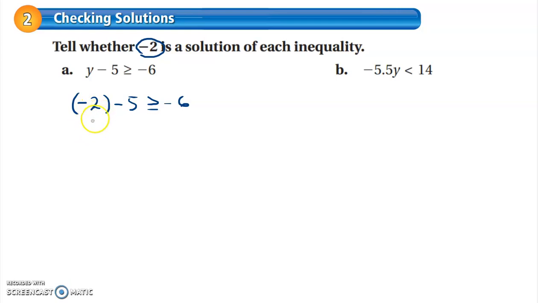Negative 2 minus 5, is that greater than or equal to negative 6? Well, this is negative 7. Is negative 7 greater than or equal to negative 6? Negative 7 is less than negative 6. So this is not true. No. Negative 2 is not a solution.